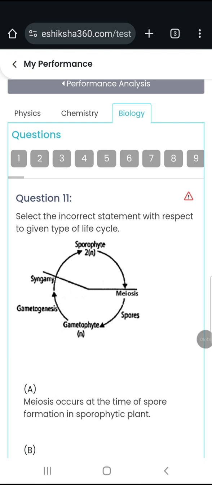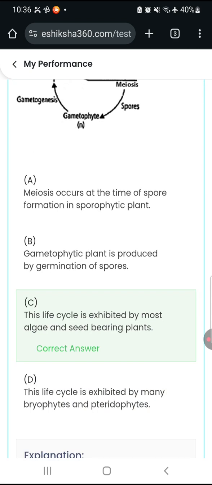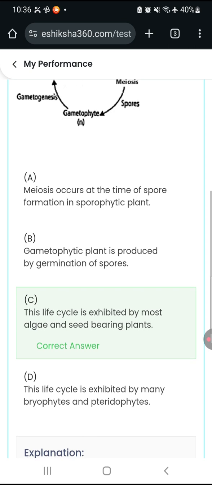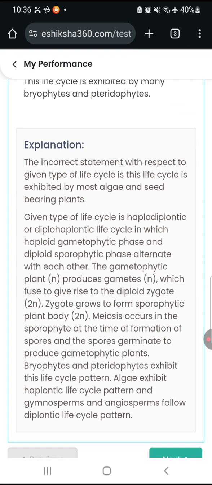Question 11. Select the incorrect statement with respect to given type of life cycle. Answer: this life cycle is exhibited by algae and most seed bearing plants. Explanation: the incorrect statement with respect to given type of life cycle is that this life cycle is exhibited by most algae and seed bearing plants.